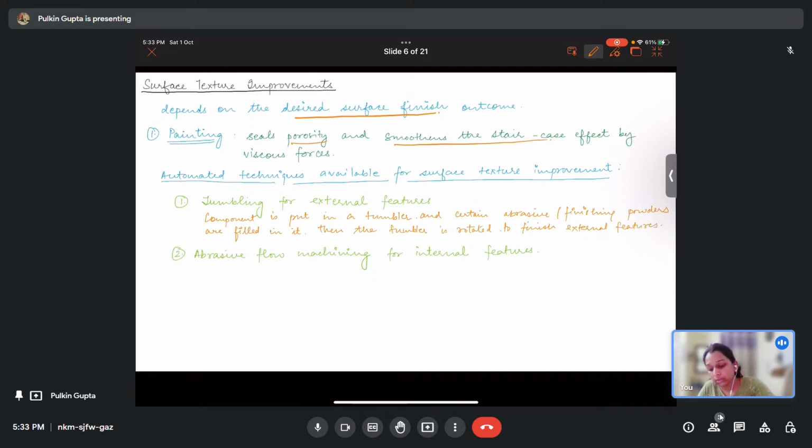Now abrasive flow machining is used for finishing internal features.